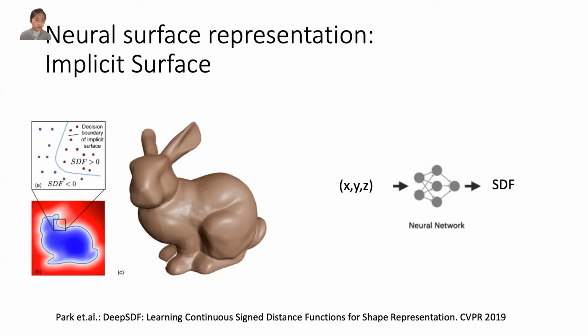For every position in the 3D Euclidean space, it gives the Euclidean distance to a watertight manifold, and the sign indicates whether the position is inside or outside the shape. And the signed distance function is approximated using a neural network. An obvious advantage of this representation is that it's continuous with respect to the 3D coordinates.